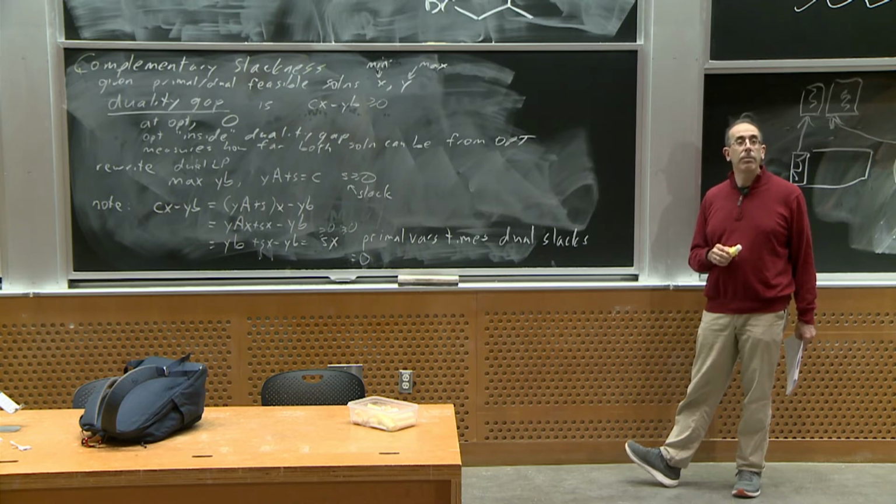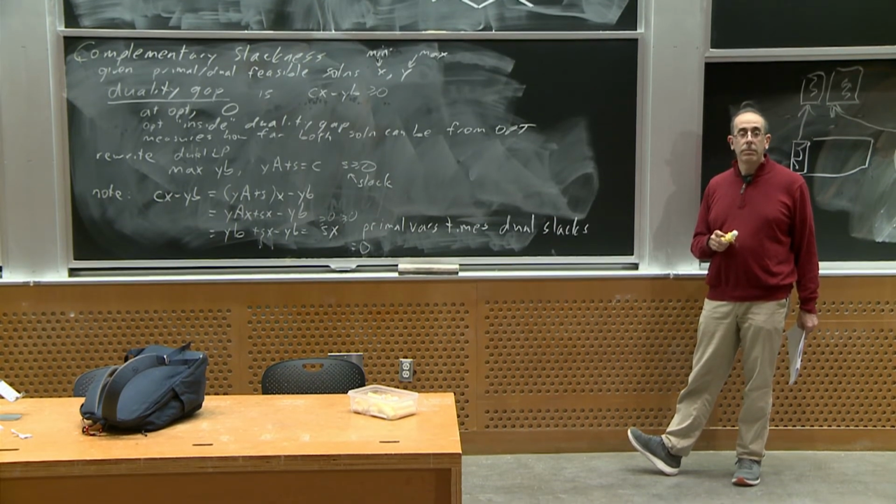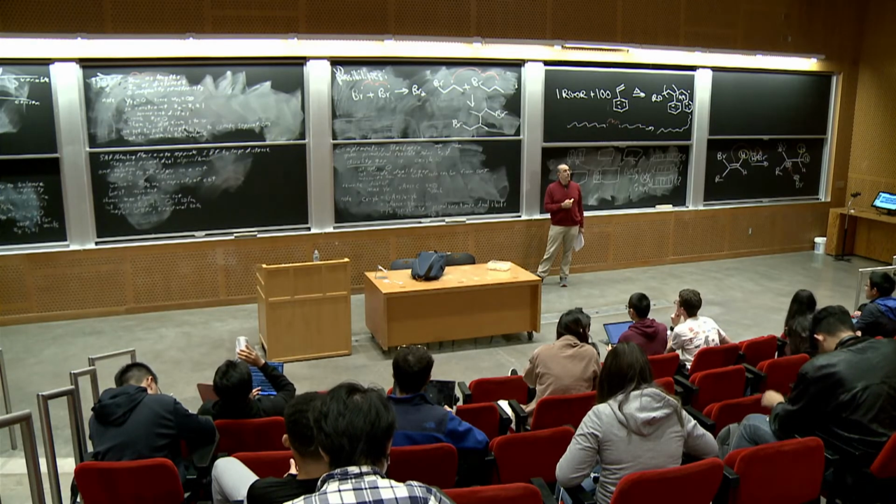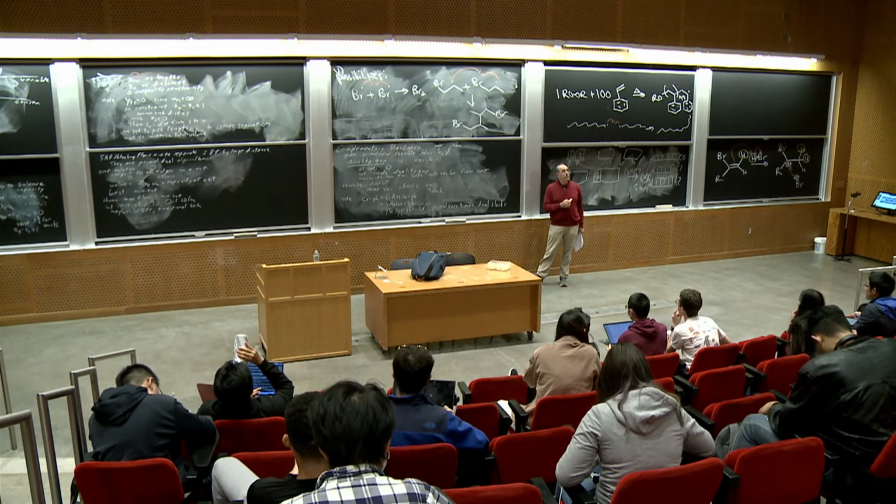How can we get 0? Yeah? Every non-zero primal variable must have 0 slackness.